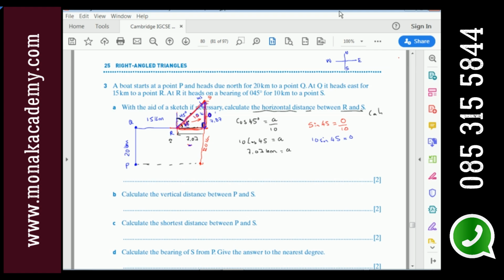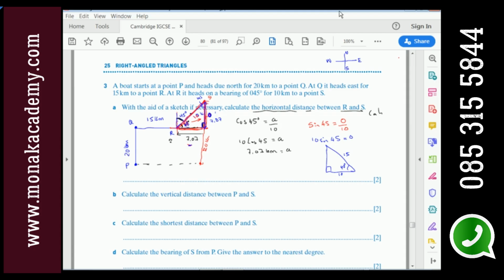If you have a triangle like that, and I tell you 45 degrees, and then I tell you this is 10, this is 15, this is already 90. So for you to make it 180, the other angle has to be 45.